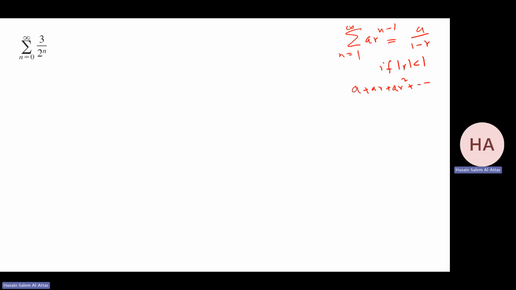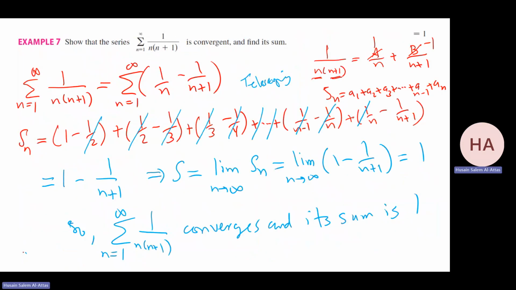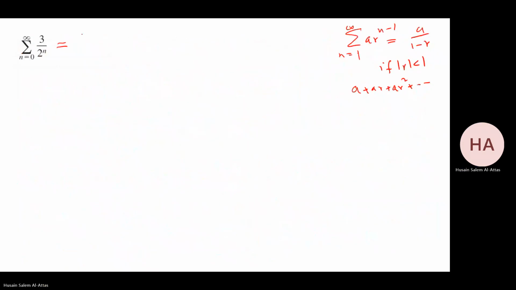Or I can do this, where a is the first term and r is the ratio. Okay, open this. You have what? 3 over 2 to the power 0, 3 over 1, because starting from 0, plus 3 over 2 plus 3 over 4 plus 3 over 8 plus.